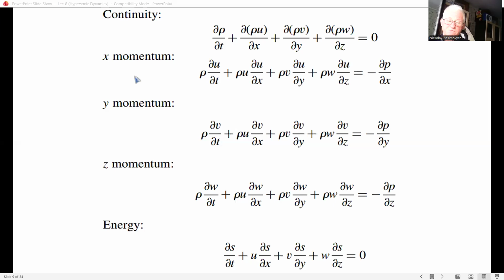So thus, in the modern world of hypersonics, CFD serves as a powerful tool for research, development, and design.